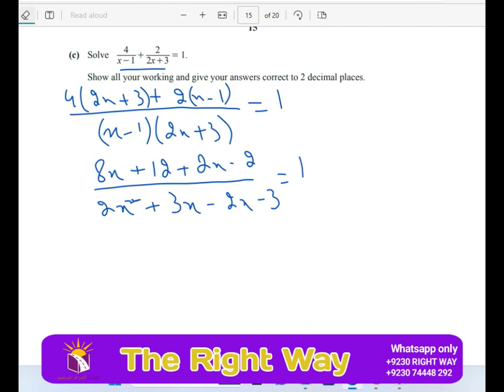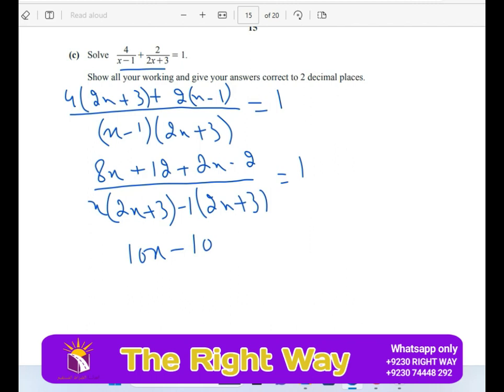Or you can simplify it by writing, first you are going to multiply x with 2x plus 3, then minus 1 with 2x plus 3. You can easily multiply without error now. 8x plus 2x will be 10x, and 12 minus 2 will be plus 10, because 12 is the greater one, so plus 10, divided by 2x square plus 3x minus 2x minus 3 will be equal to 1.